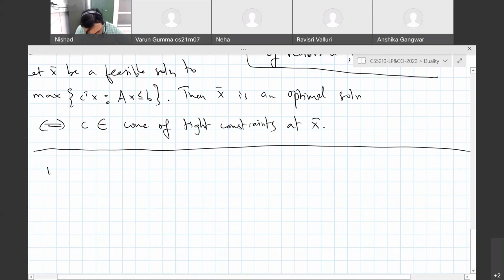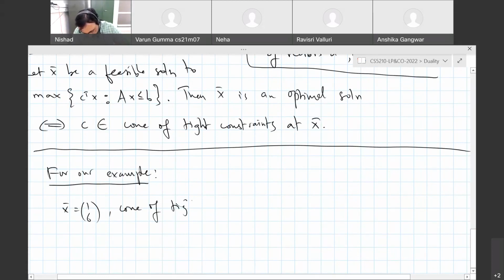So for our example, if X bar is equal to 1, 6, then the cone of tight constraints at X bar is the cone of the vectors.